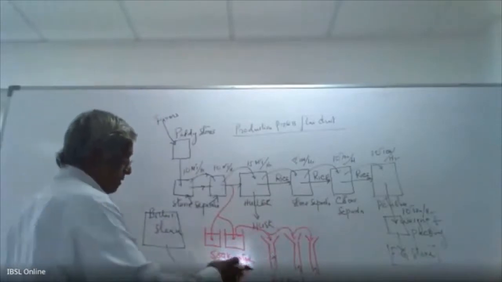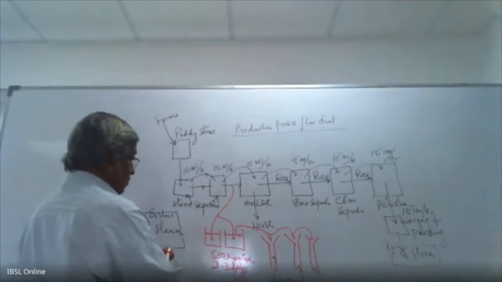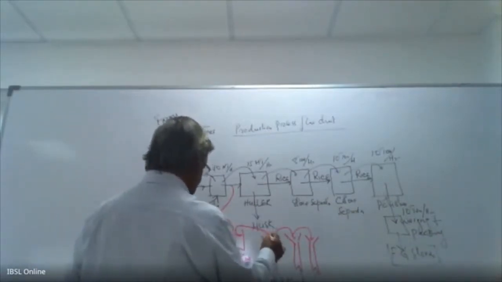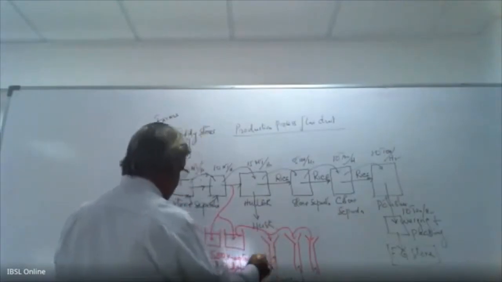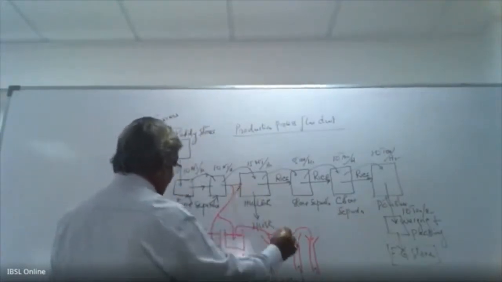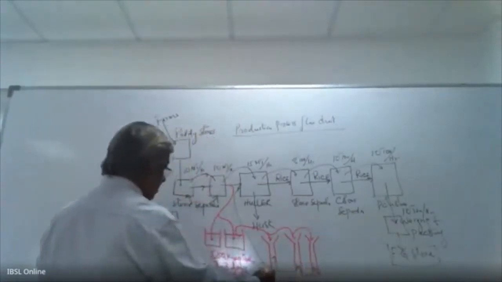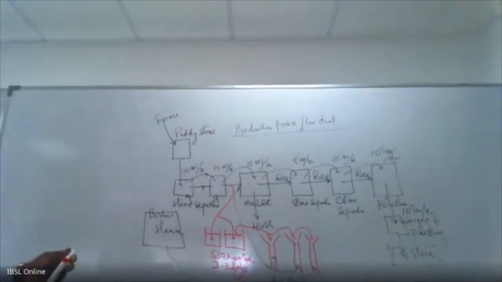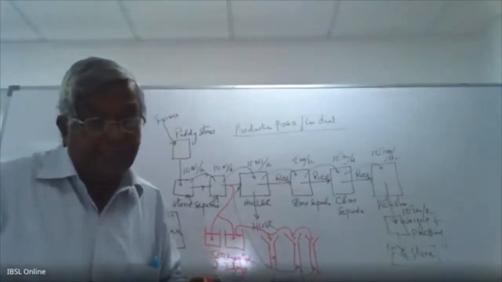So you have to limit this. Then after that, you remove the steamed paddy and send it to the huller. Then the process will go on. This way you produce parboiled rice or the steamed rice.